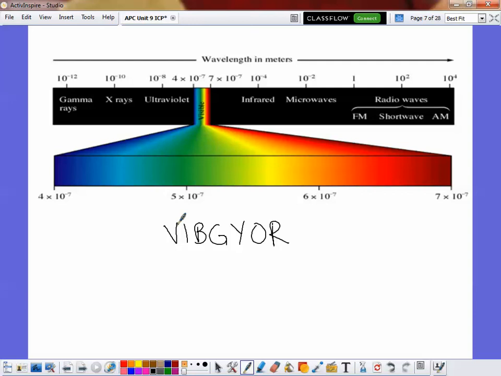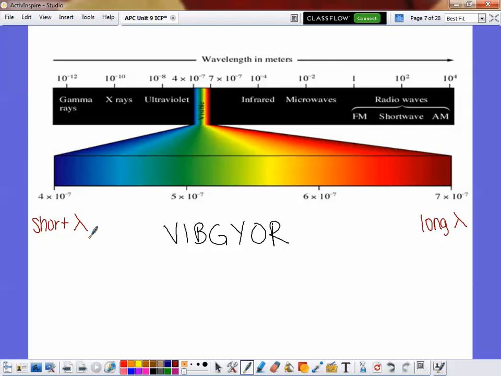Okay. So, down near the red end of the spectrum, what do you notice about their wavelengths? Longer than the violet end of the spectrum, okay? So in this chart alone, we have long wavelengths over here and short wavelengths over here. The relationship of wavelength to frequency is indirect.